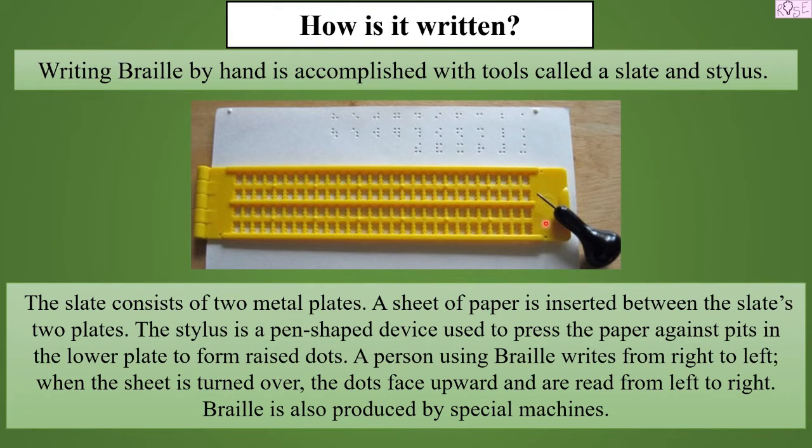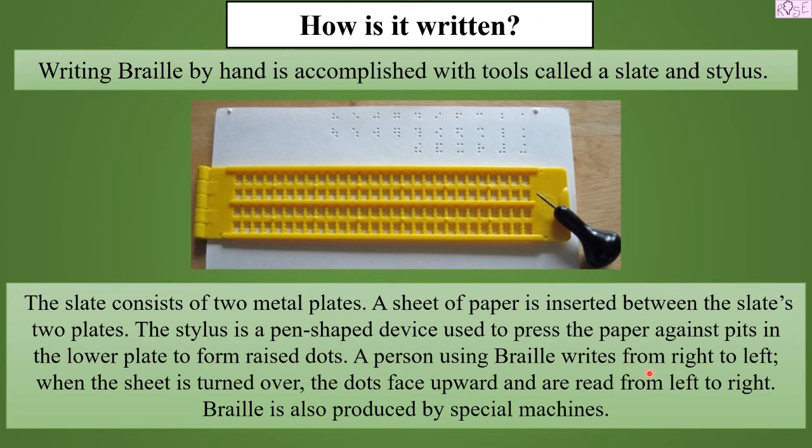So this pen-shaped device is used to press the paper, and we can see the pits as well. The holes in the slate are known as pits. So the stylus is used to press the dots and to form characters of Braille.